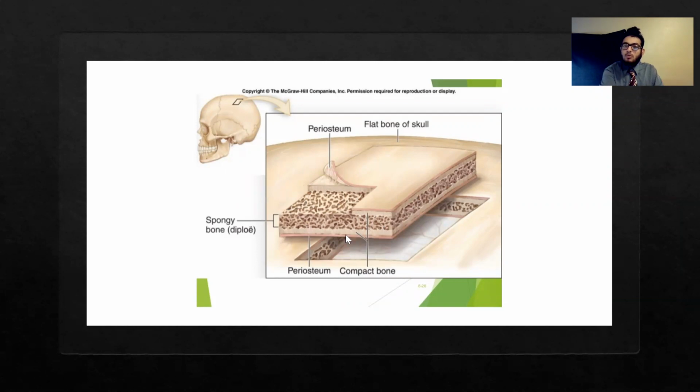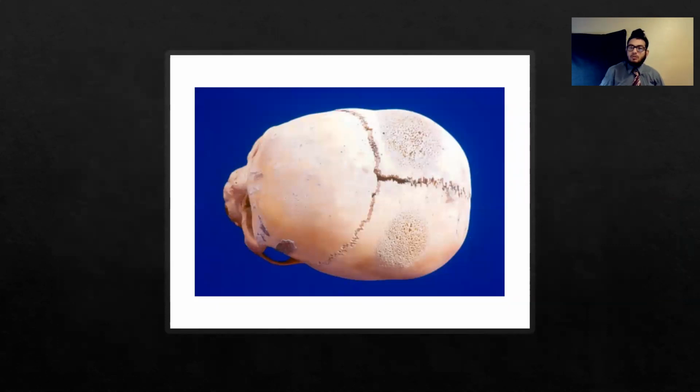And in return, it will also force the compact bone and the periosteum to recede. These two layers are what surrounds the spongy bone and the bone marrow. Now, the hypothesis states that this spongy bone area, as you can see here, would be exposed, and exposing these holes would lead to the condition that we see in Porotic hyperostosis and Cribra Orbitalia.